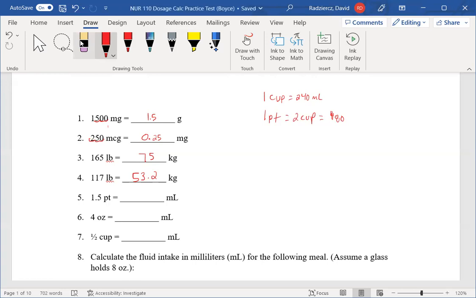Okay, let me just fix my writing. All right, 480 milliliters. So since I'm going from pints to milliliters, I know 1 pint is 480 milliliters. I'm just going to do 1.5 times 480. And then that will give me my milliliters of 720.